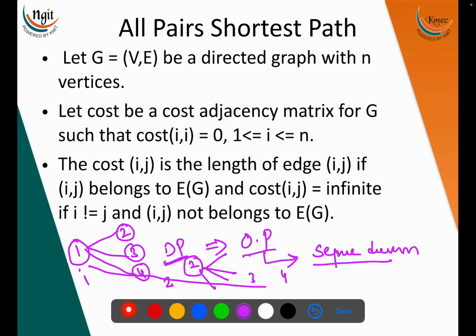These are the sequence of decisions to get the optimum solution using dynamic programming. So finally, using dynamic programming, in each stage we'll take a decision. That is what dynamic programming means, and how it will be implemented in all pairs shortest path.